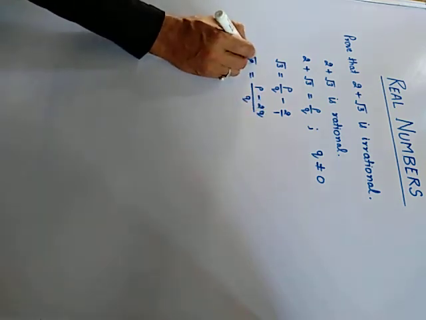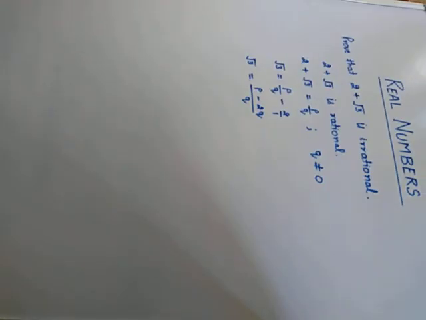So root 3 will be equal to p minus 2q upon q.